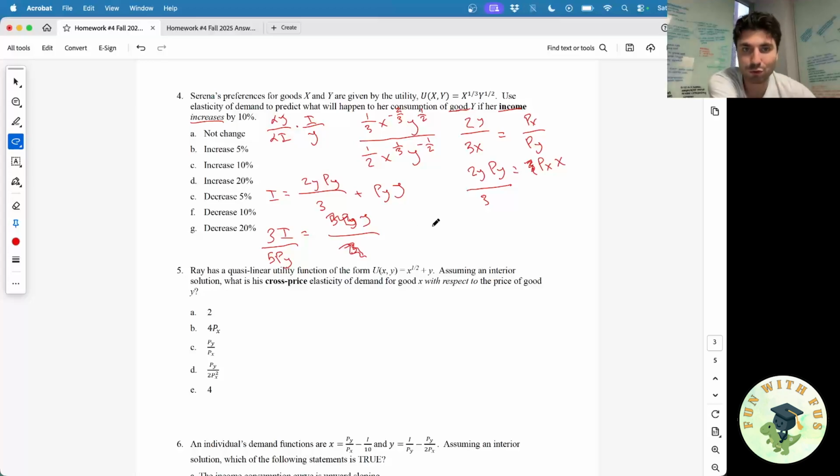Luckily, this derivative is going to be awesome. If I just take the derivative of this, I think all that happens is the I drops off. So we're going to get dy over dI is equal to 3 over 5py.